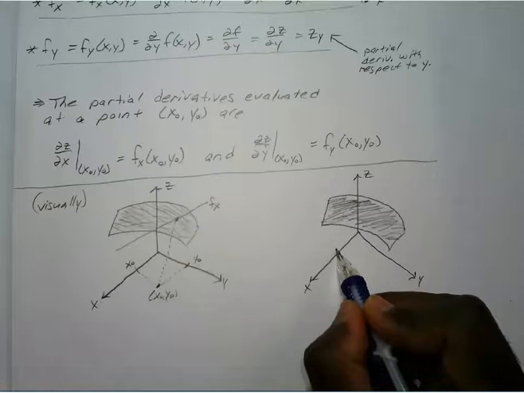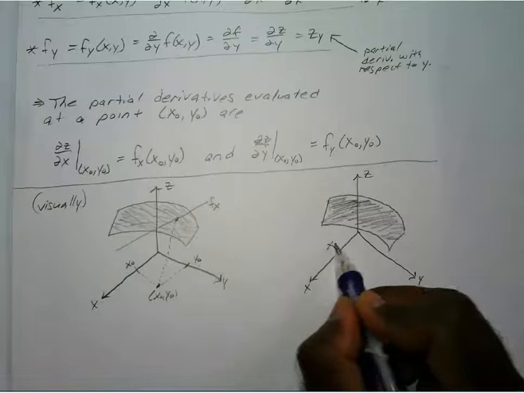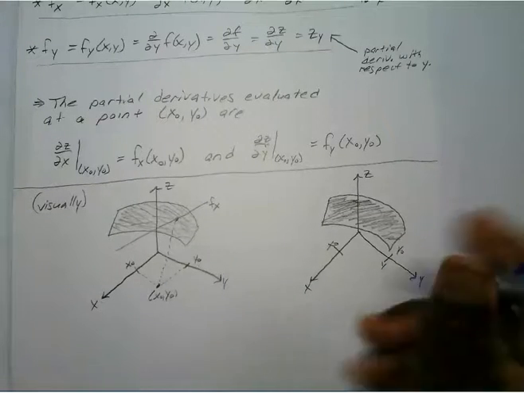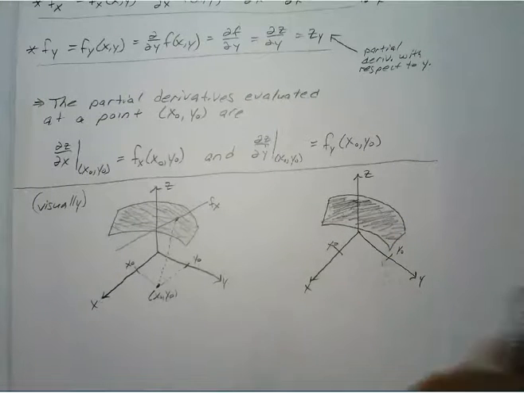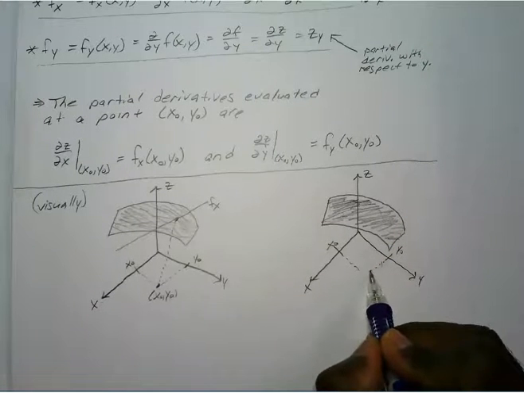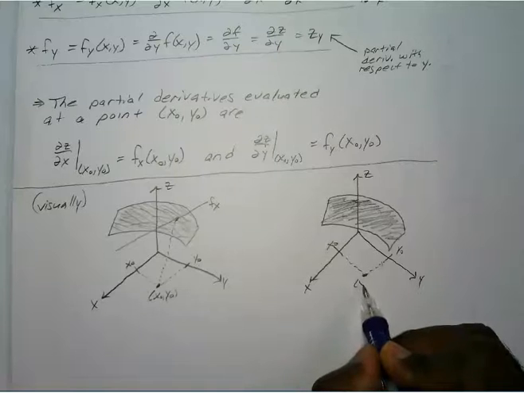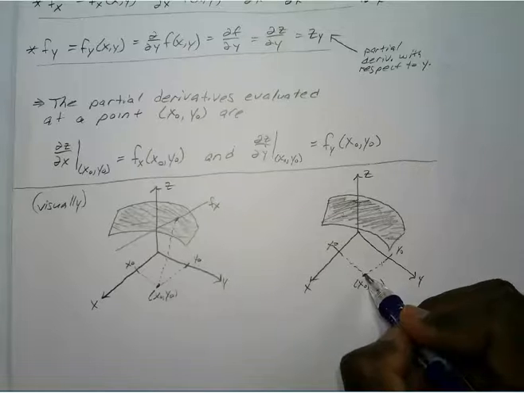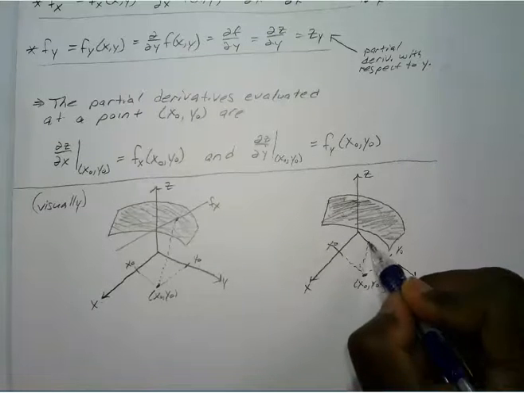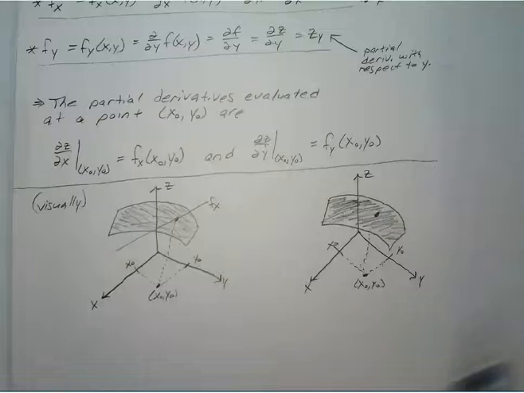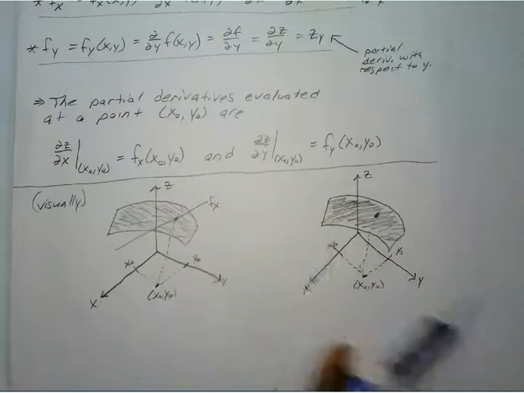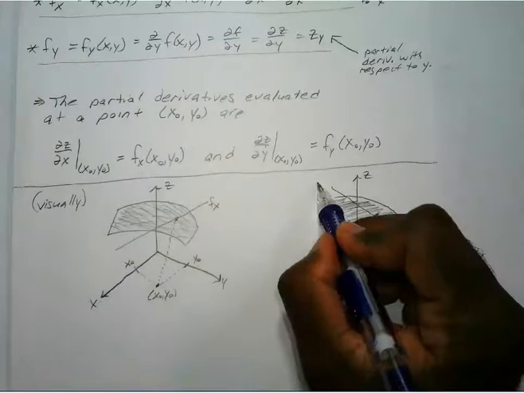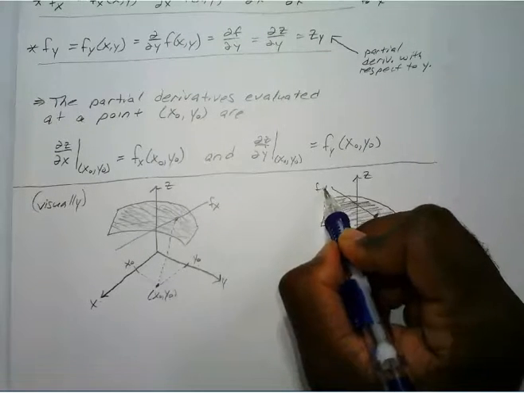Okay, again, let's say this is our x0, our y0. Which means that this point here would be our x0, y0. But if we went up to this point on the graph, the slope in the direction of the y-axis would be our partial derivative with respect to y.